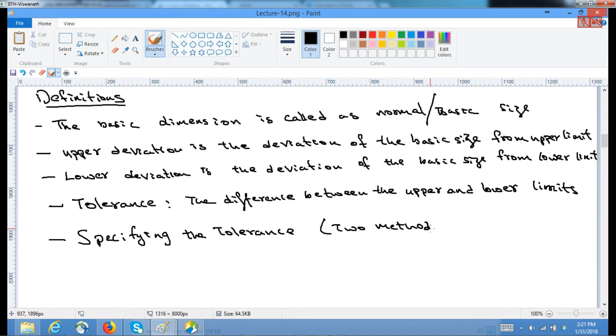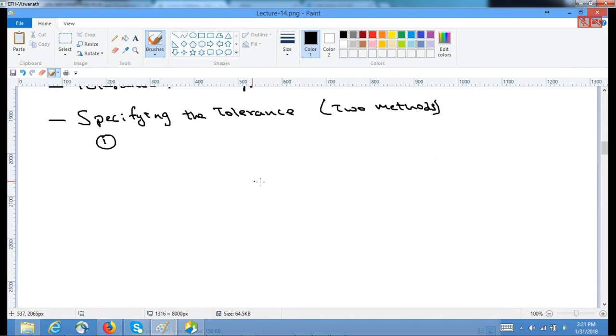In the first method, which is also called the Unilateral Method, one of the deviations is 0. That is, either upper deviation or lower deviation is 0, and from there it is mentioned.